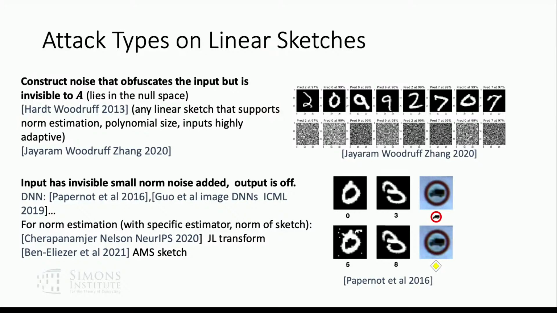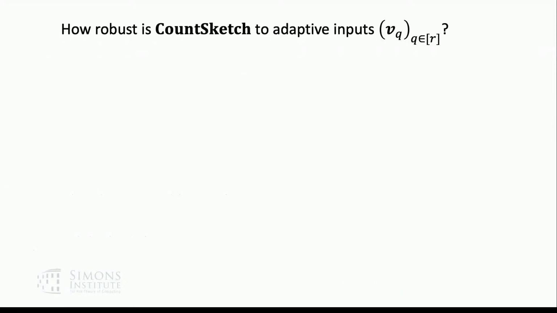In these attacks, the goal is to quickly zoom in on a small noise that completely throws off the sketch. The question is how hard it is to do. We explored this with all sorts of linear sketches, but it seems that this square is inherent.